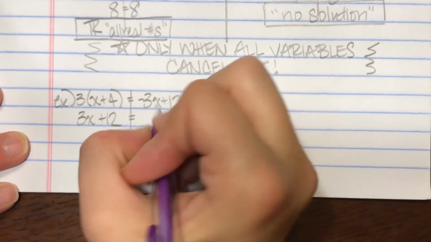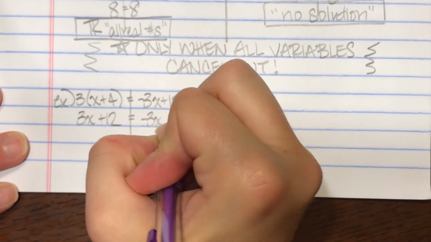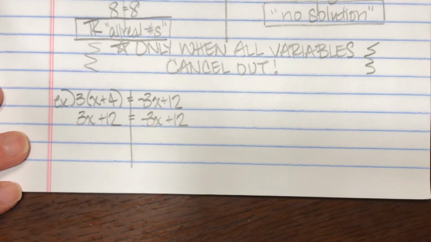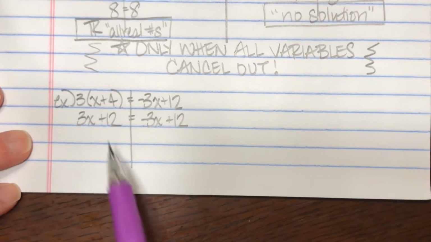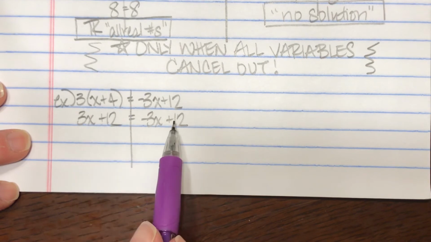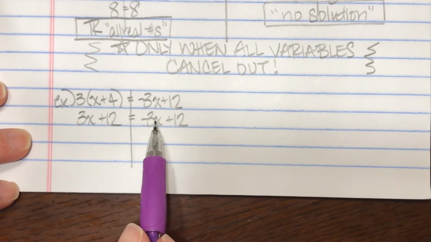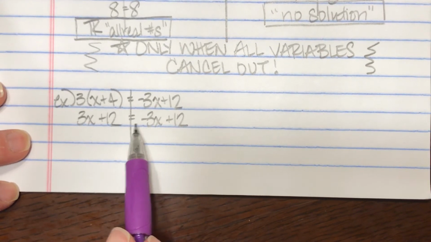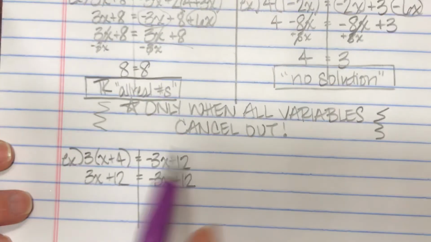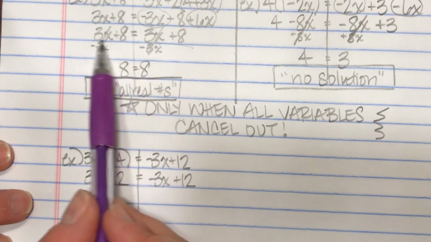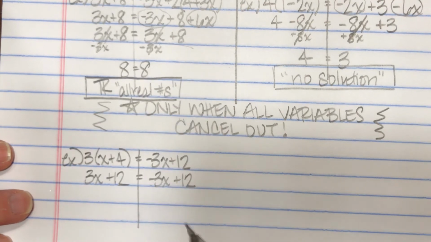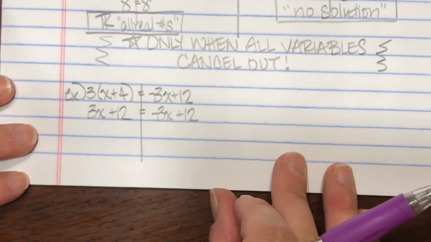If I simplify the right side, I get negative 3x plus 12. You might be tempted to think that this is either always going to match or never going to match because they look very similar, but they are a little bit different. So hopefully we see it's probably not this situation because it doesn't match perfectly. Let's see what happens here.